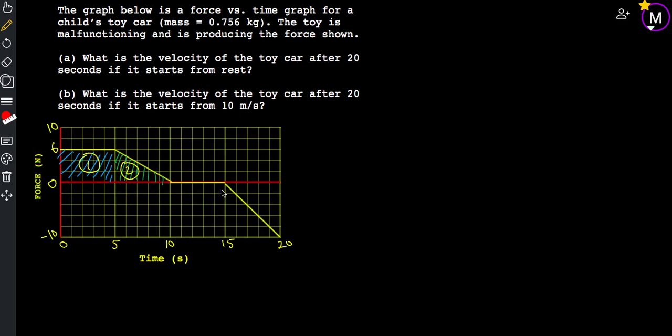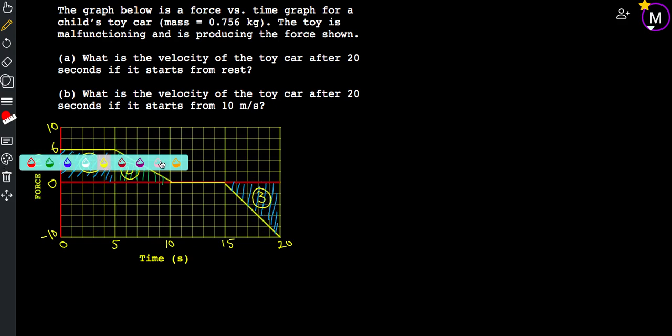Now from 15 to 20 seconds, it is increasing again, and the change in momentum is the area covered under this. Let us say this is 3.